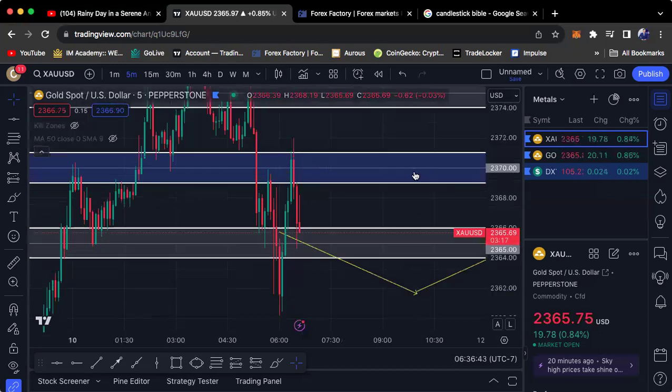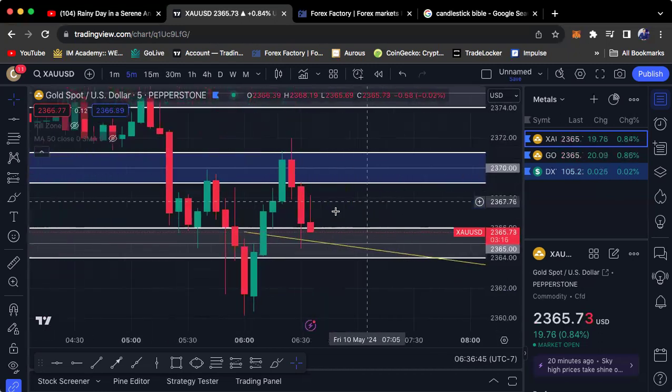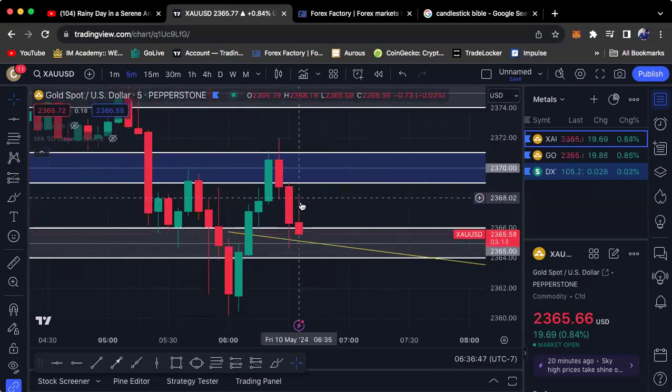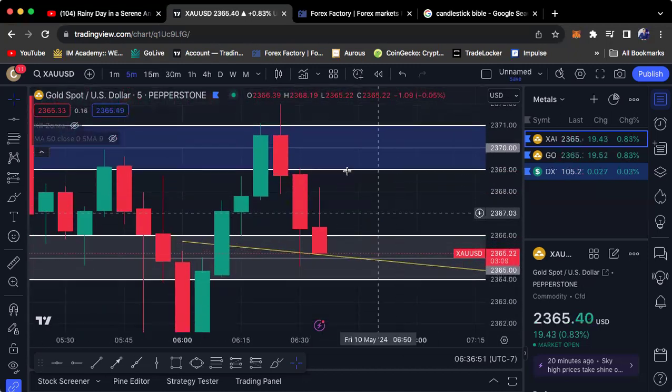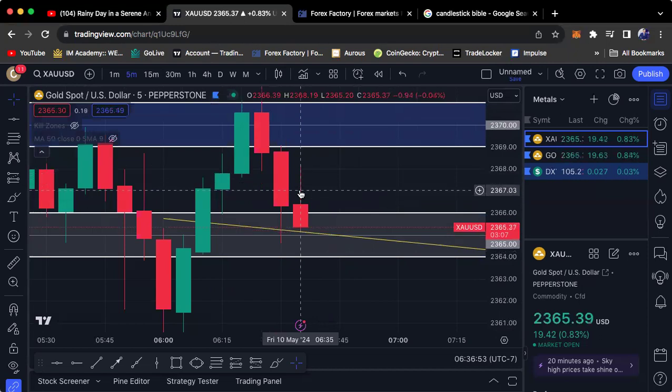See, price is pushing down. See that? Look at this. Look at this wick. I'm looking at the 5-minute. Look at this. Now sellers are pushing the price down. See that?